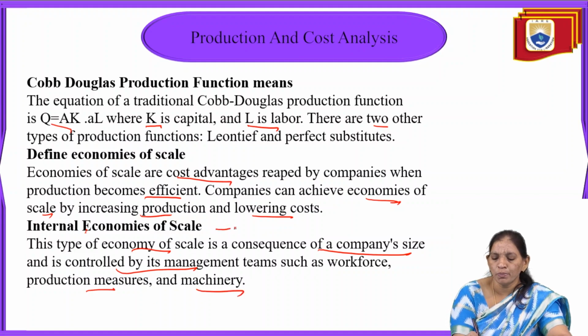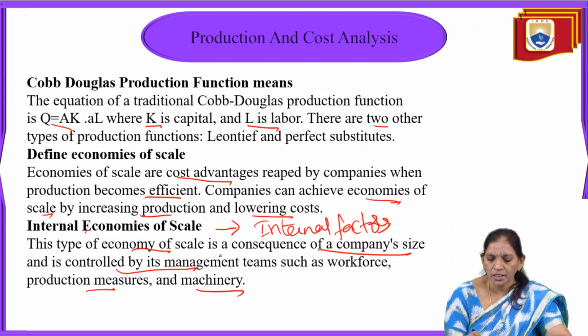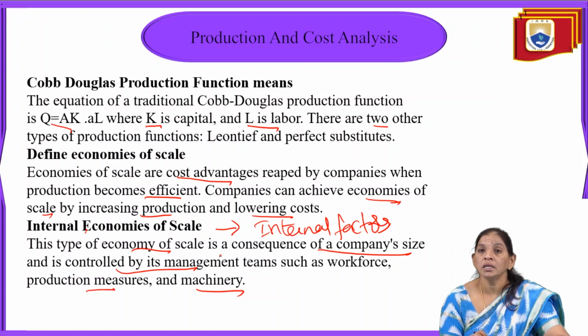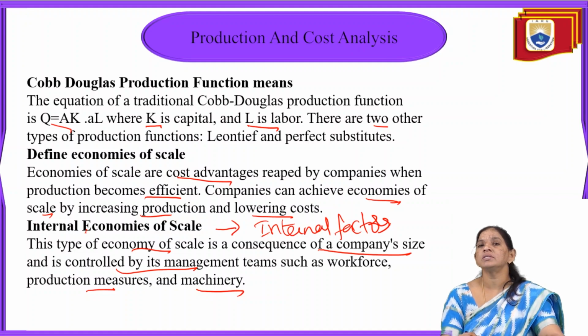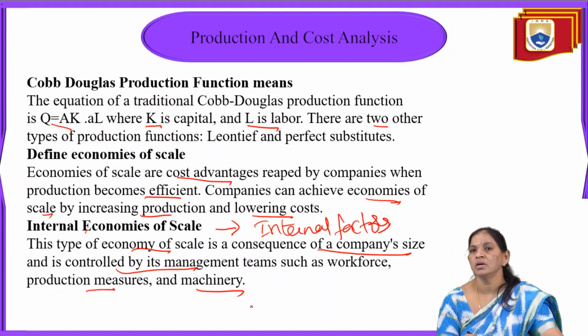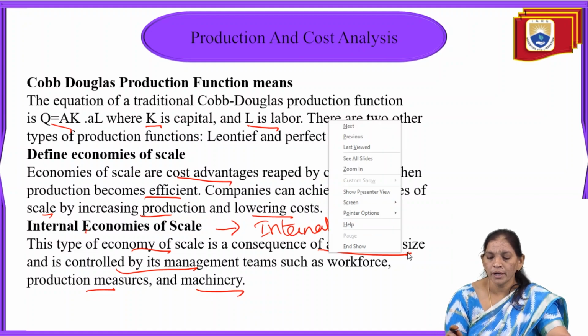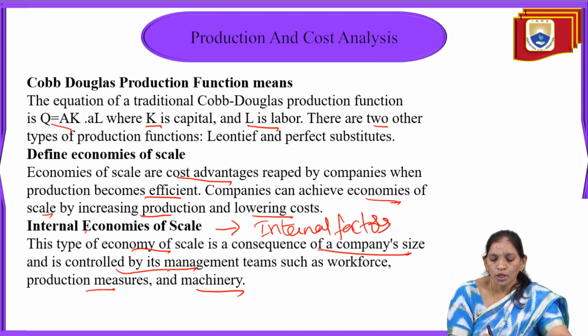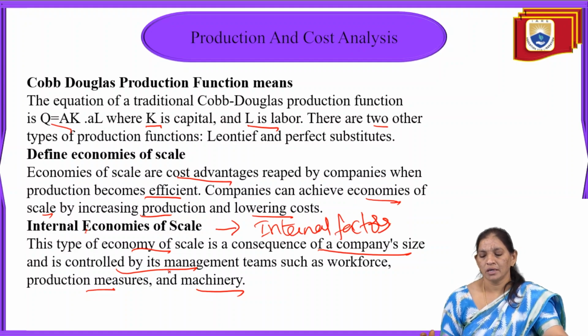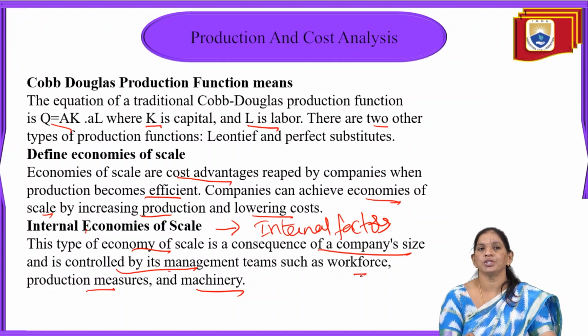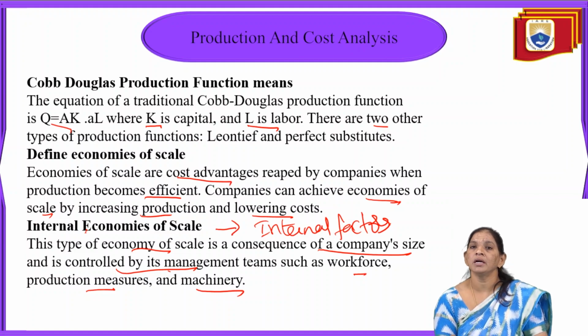In a simple line, we can say internal advantage means that within an organization the company can get a cost advantage or decrease the cost by considering the size of the company and the controlling power of the management and workforce of the production, maybe measurement and machineries.